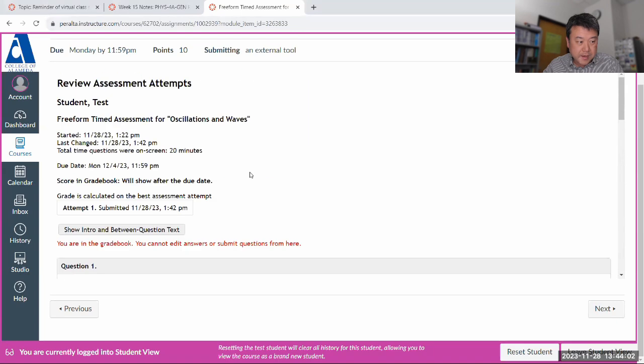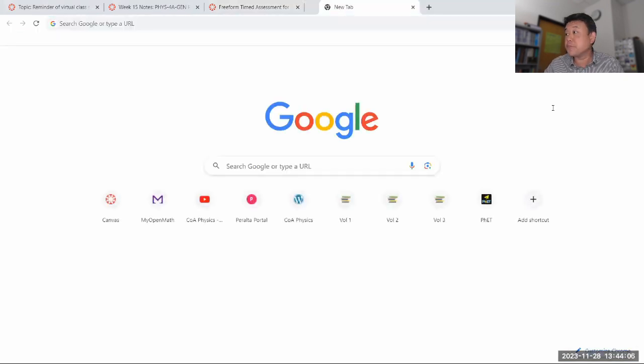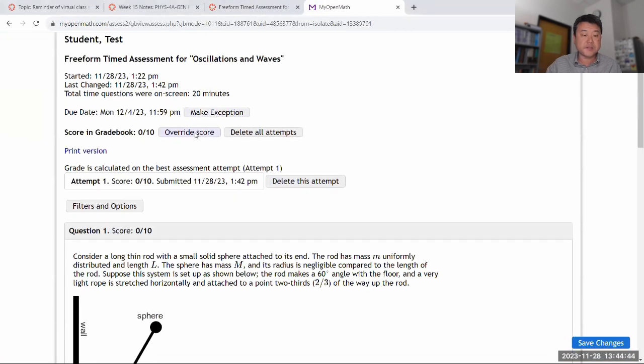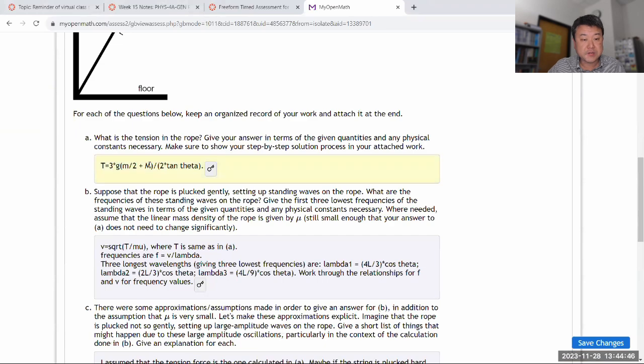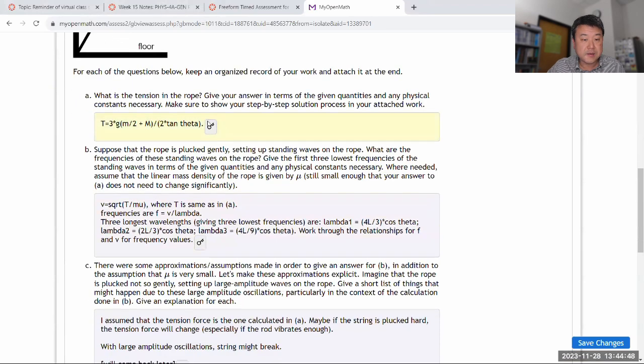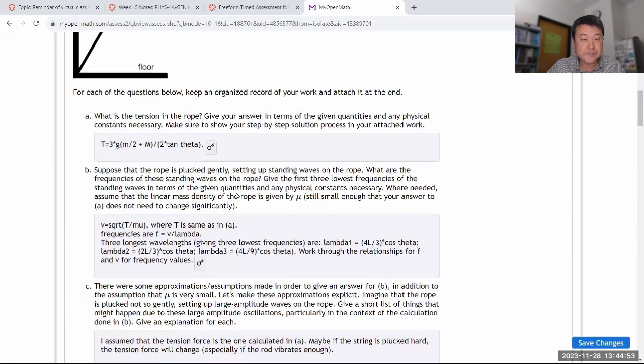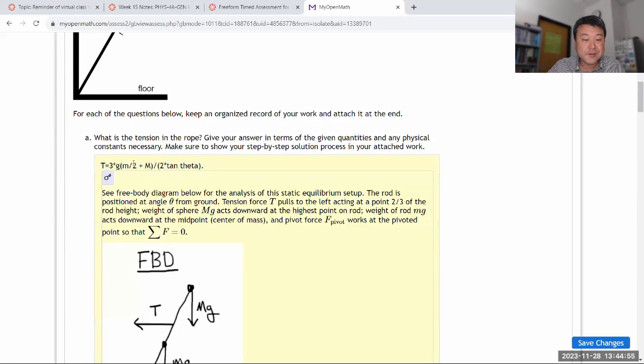So let me go into my instructor account and bring up this exact thing so that I can show you the answer key using the instructor account. Okay, here it is. So here's test student's results, the attached work, and I can bring up the answer key as the instructor.